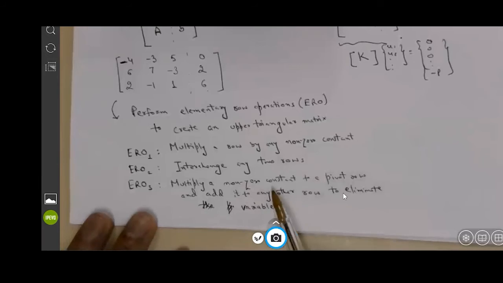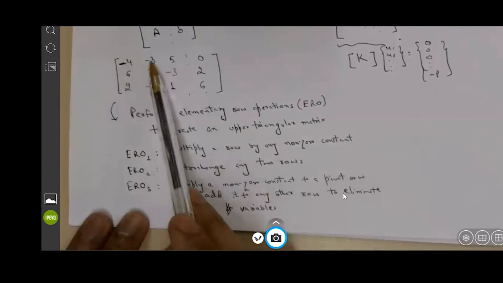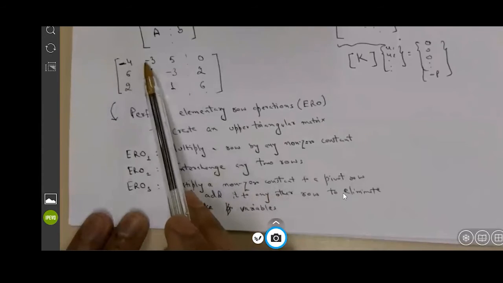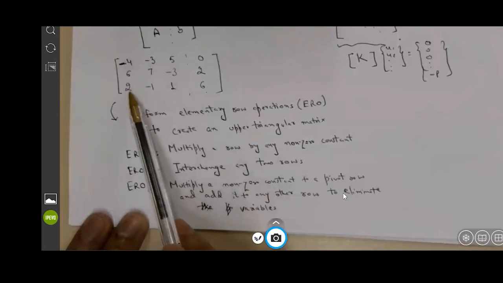So basically I can multiply any row with a non-zero constant, let's say 0.5, and add it to this row. Then I will eliminate the variables corresponding to x1.